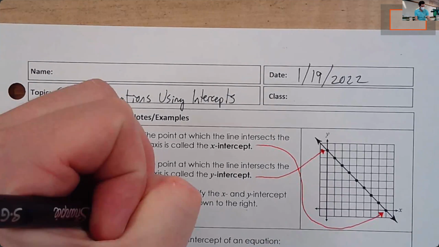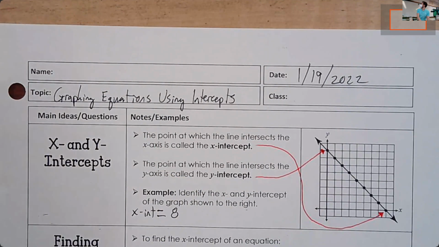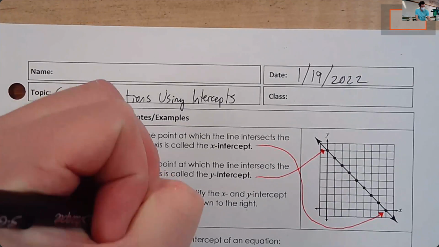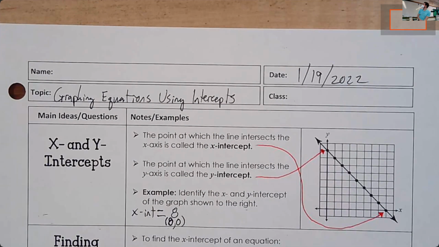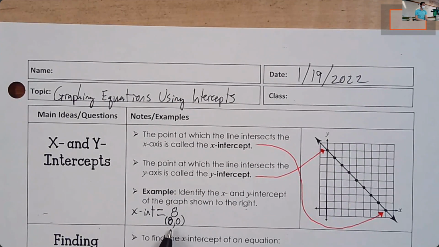So that is 8. The X-intercept is at 8, which, if we're talking about an ordered pair, would be the point (8, 0) on the graph. If we're using both X and Y coordinates, an X-intercept of 8 would mean a point of (8, 0). Does that make sense? We okay with that? Hopefully.